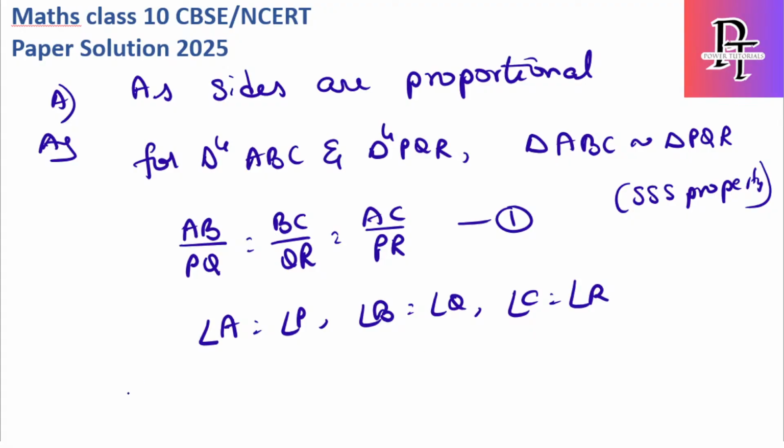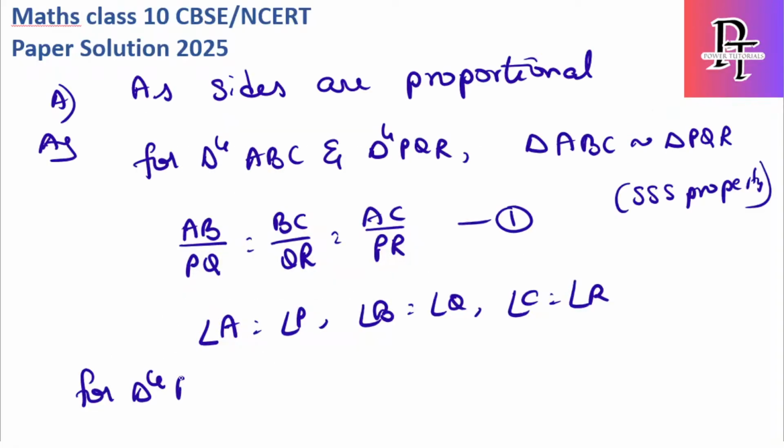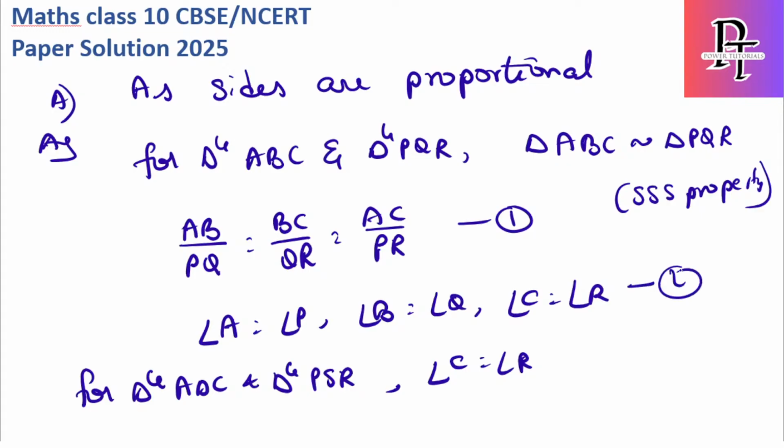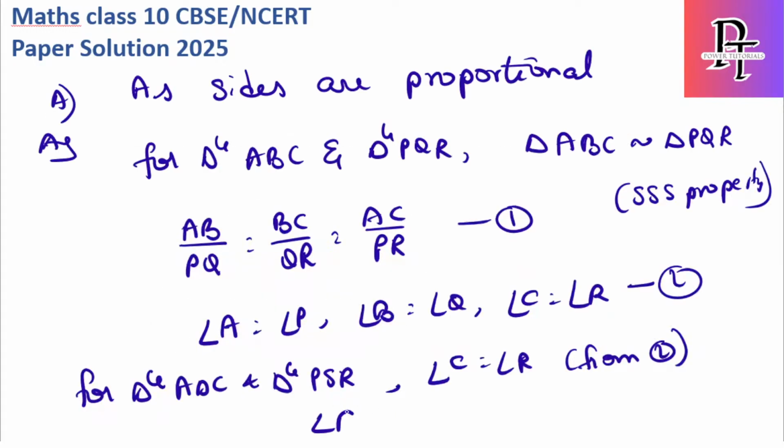So first point, for triangle ADC and triangle PSR, for these two triangles, angle C is equal to angle R. This I will write as 2. Okay, and the second condition, angle ADC is equal to angle PSR, or angle D is equal to angle S. Angle D is equal to angle S, these two are equal. Why?